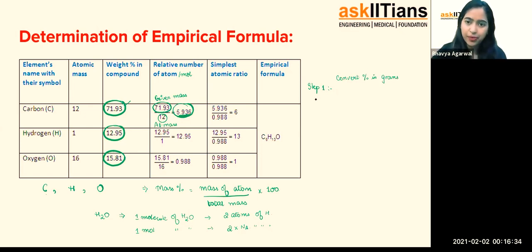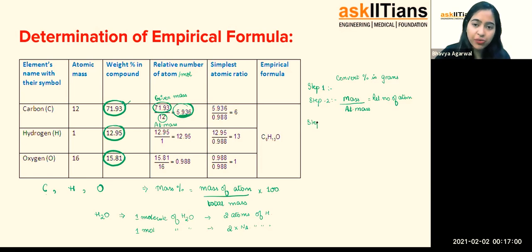That's your first step. Step 2 is that whatever is the mass, just divide it by the atomic mass of the atom, to get the relative number of atoms.